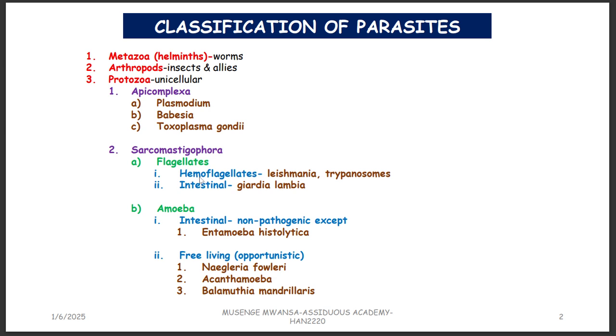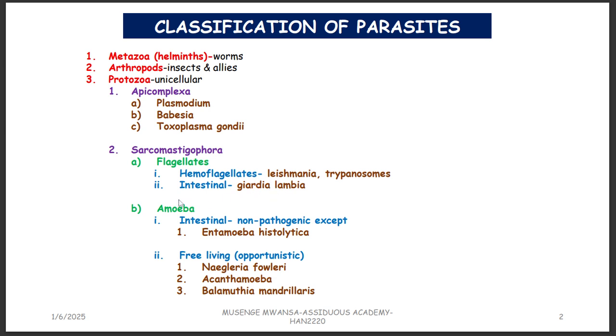Among the hemoflagellates, we have Leishmania, which causes leishmaniasis, and the trypanosomes, which cause trypanosomiasis. For the intestinal ones we have Giardia lamblia. Each of these is a topic on its own. Plasmodium, babesiosis, toxoplasmosis, leishmaniasis, trypanosomiasis, and giardiasis we will discuss later.